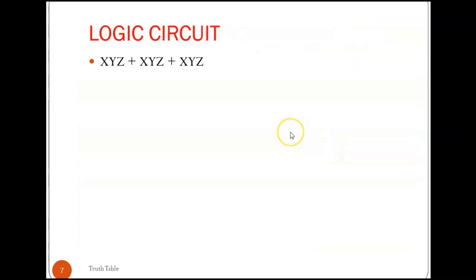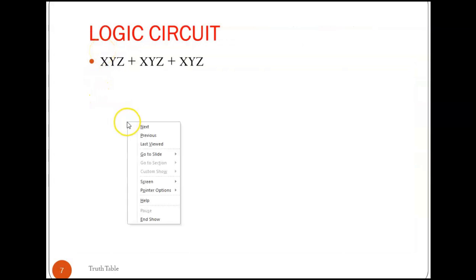So moving to the next, here I have already written the statements. One statement is there in which all the 3 functions are written. So we have X, Y, Z. So here it will be X bar, Y bar, and Z. Okay, so let us go for it.